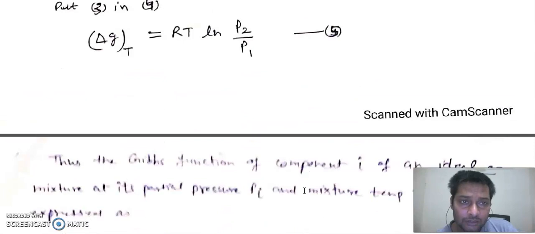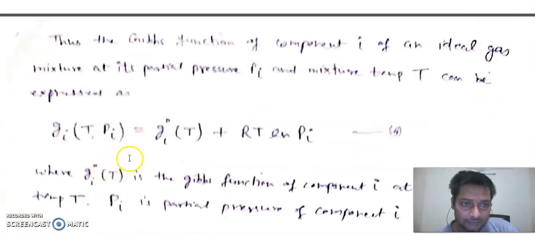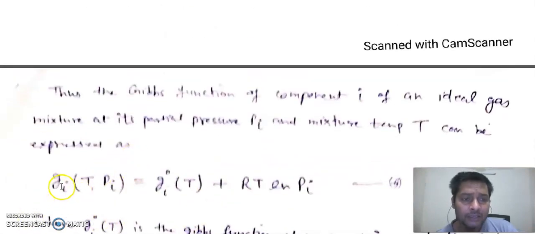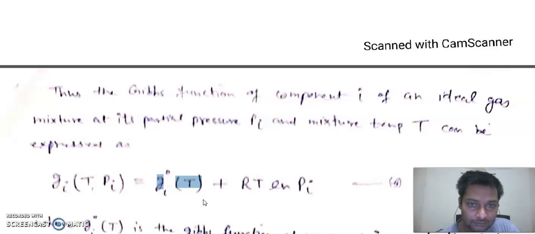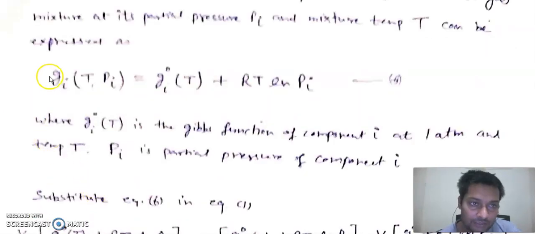Now this Gibbs energy can be written in this form: the Gibbs energy at standard pressure, that is at 1 atmospheric pressure. So this Gibbs function can be expressed in terms of this.